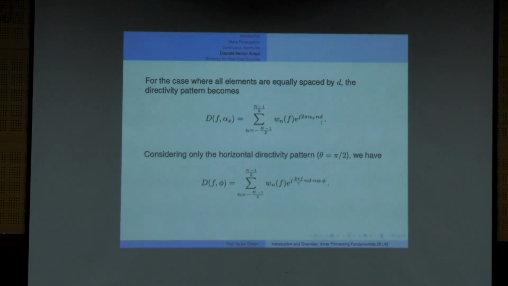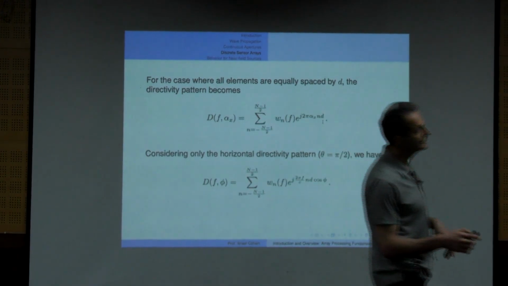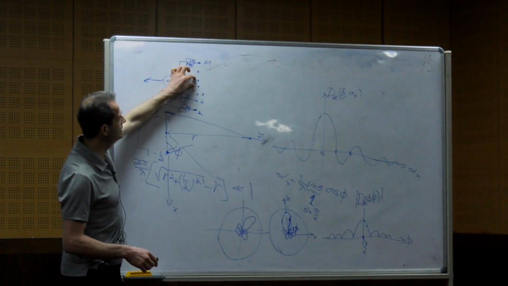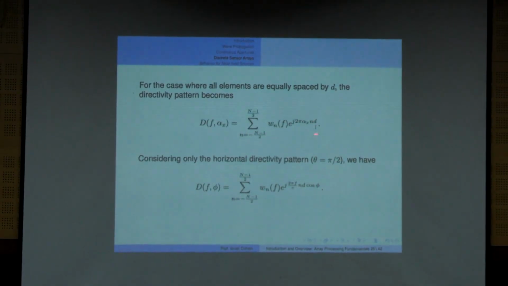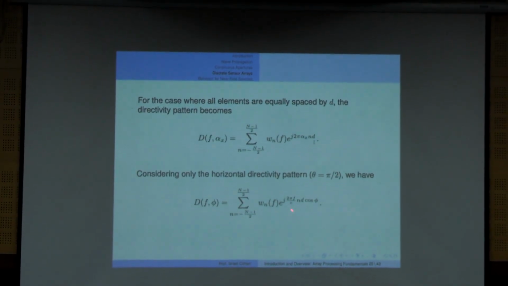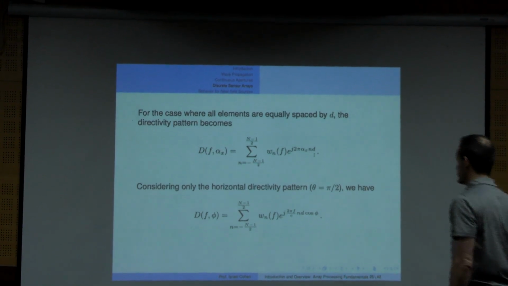What does it mean? That the distances between the sensors are the same. So let's assume that the distance between two sensors is constant, d. So instead of the distance here, we put nd, and we get this form of directionality.